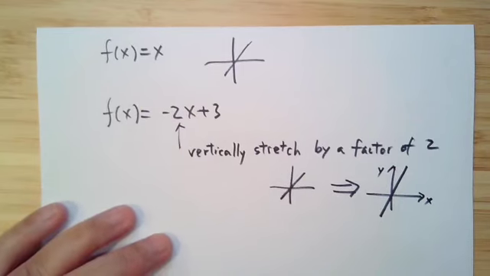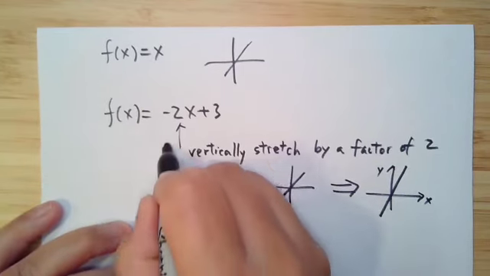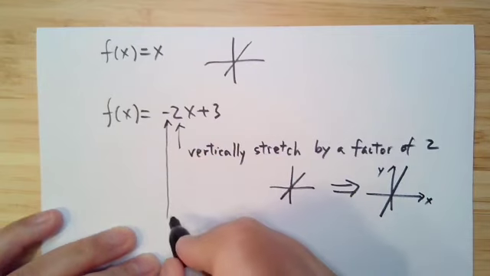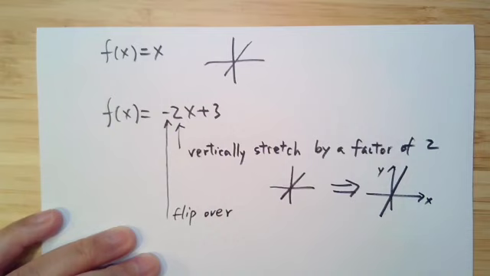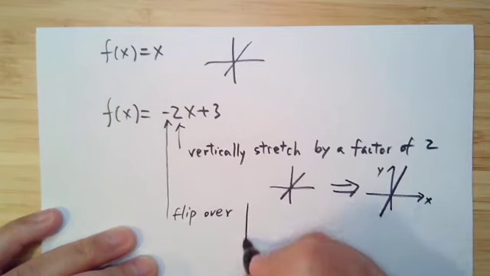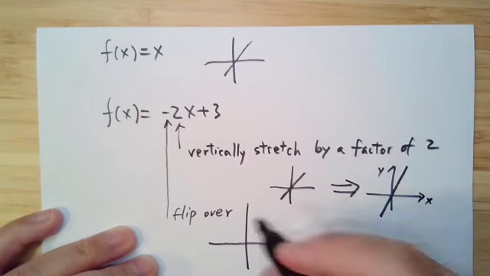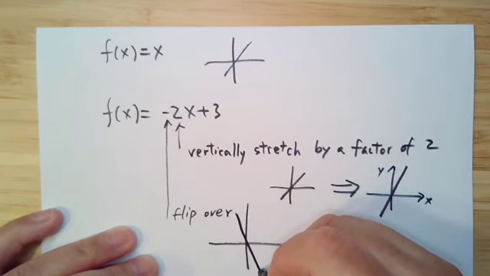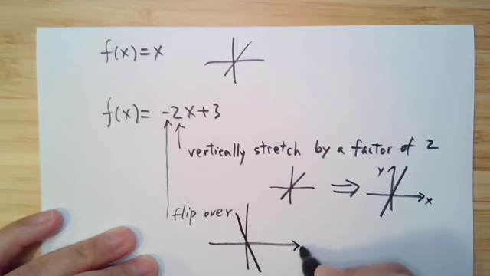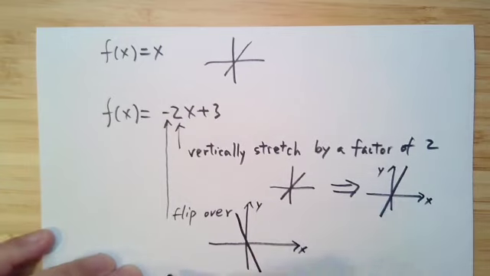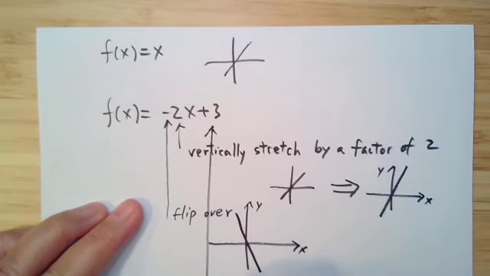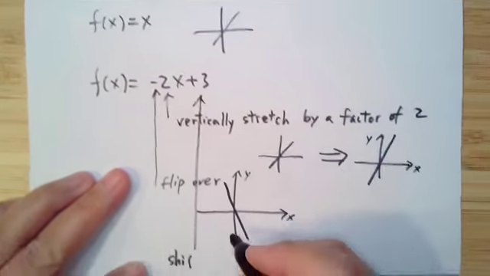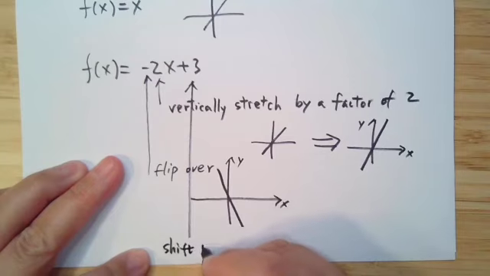And then the next thing to work on is this negative. That means a flip over, or you say reflect about the x-axis. So you're going to get this. Okay? And then the third step, that's shift up by 3.